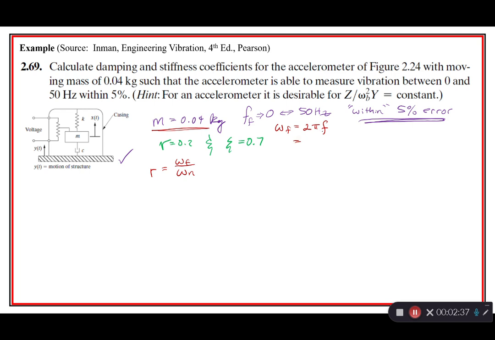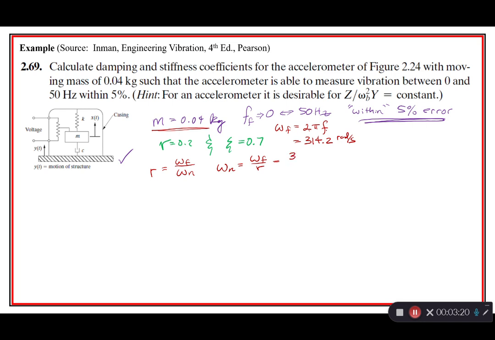It's going to be 100 times pi, so 2 times 50 times pi. You can do this in your head, but I'm writing it down in my calculator: 314.2 radians per second. So omega n is going to be omega f divided by r. I do that right? I hope so.